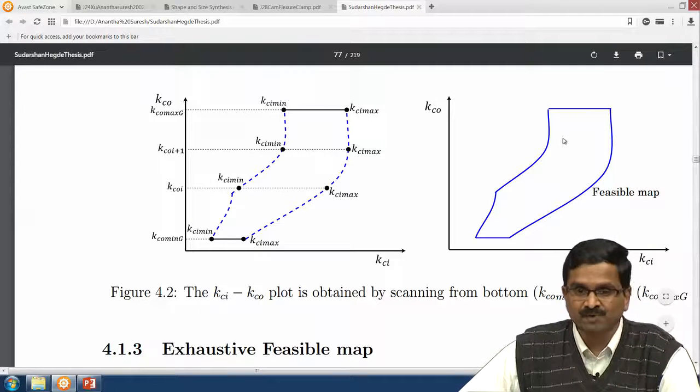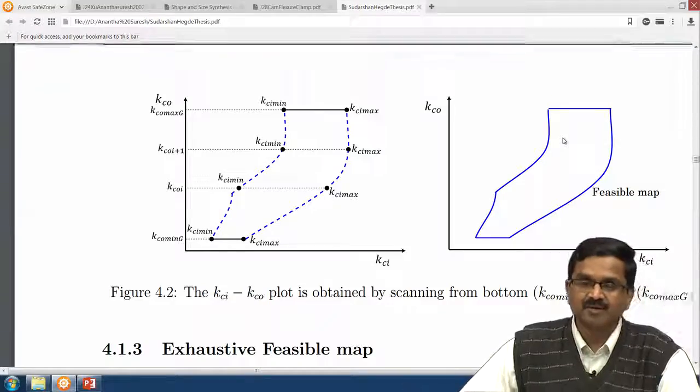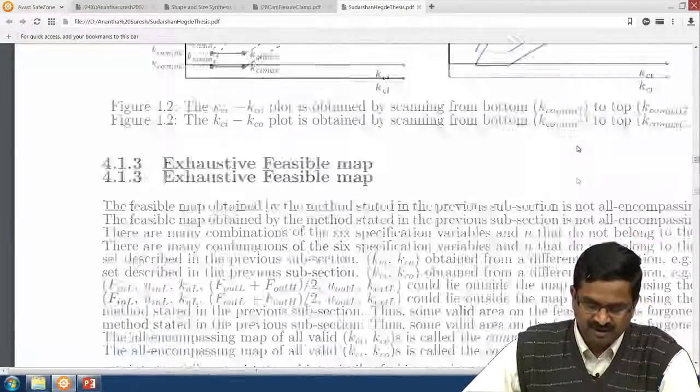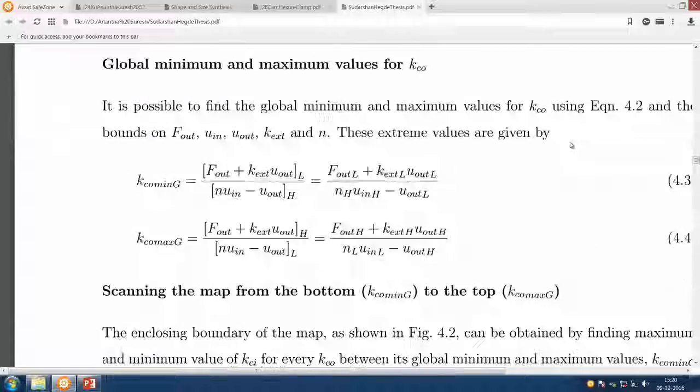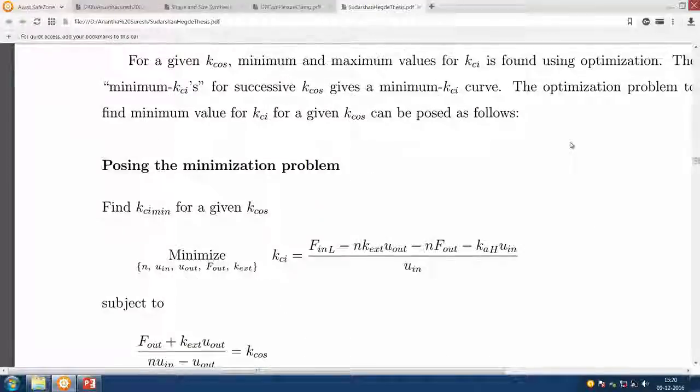So, a series of optimization problems, they are not difficult optimization problems, they are simple enough, but they have to be done several times. A particular optimization problem that I will show you looks like this.